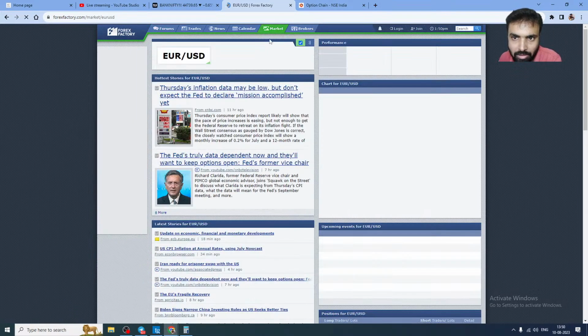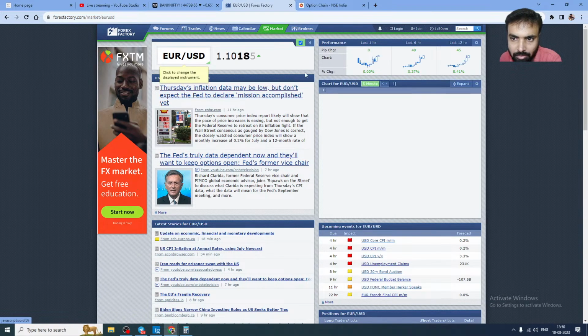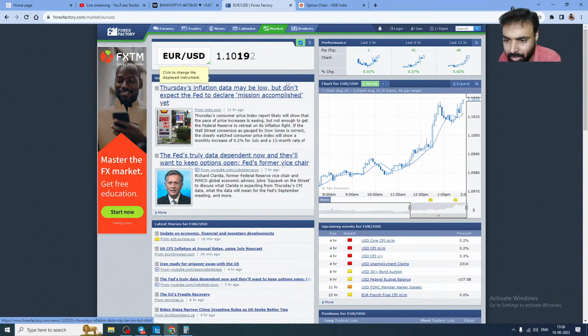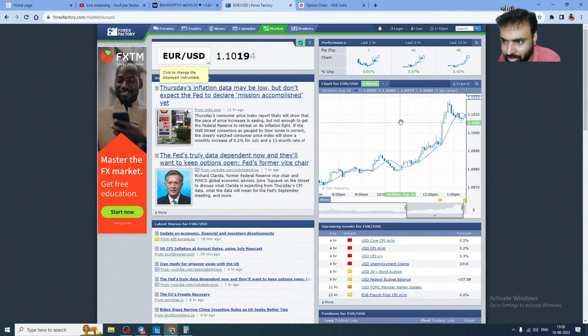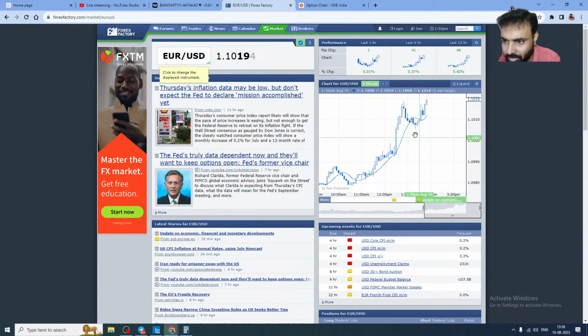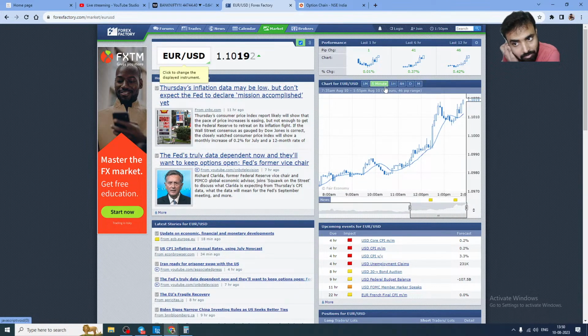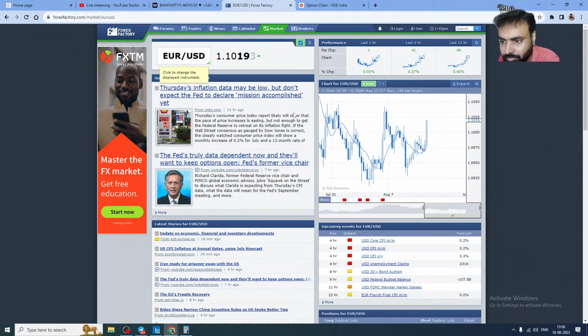Let's go to the market. So you may see the fundamental data and the live market movement. They have placed some indicators, right? The default is the 5 minute chart. Okay, let's go to the 4 hour chart. So the 4 hour chart, you can see. 1 hour chart.